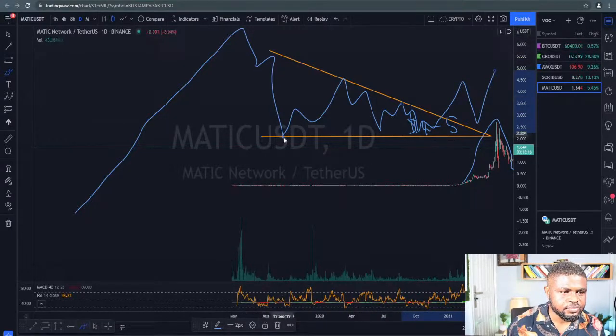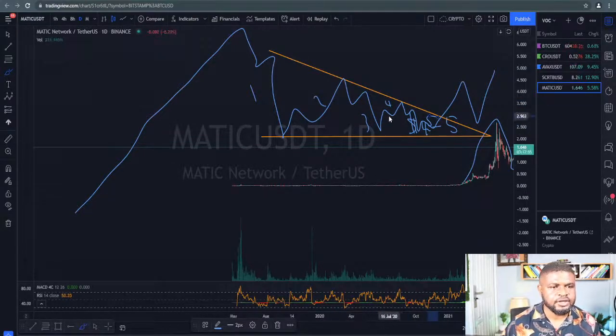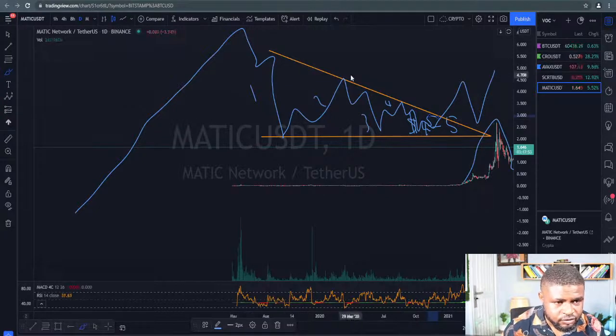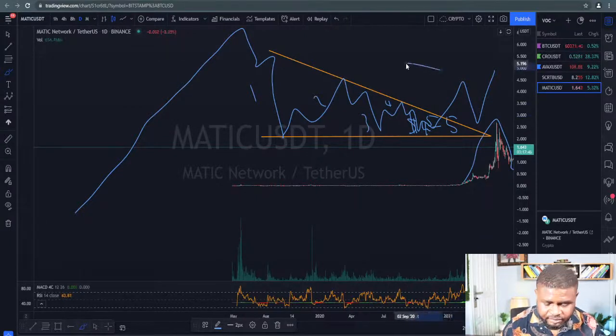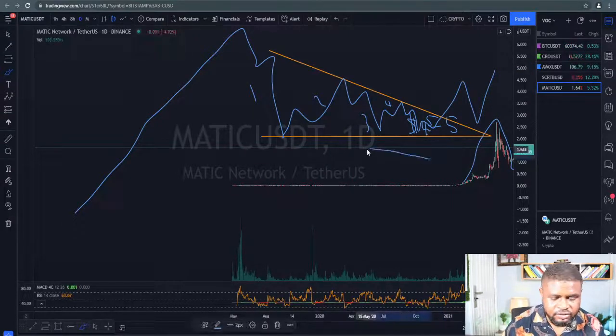That's 1 2 3, 1 2 3, 1 2 3, 1 2 3, 1 2 3. That's 1, this 2, this 3rd wave, a 4th wave, and of course the 5th wave should break, right? I hope I'm right. This is 1, this 2, this 3, this 4, this 5 should break down. Of course, it can break down, can break up, but usually this ascending one should break up with the assumption, right?